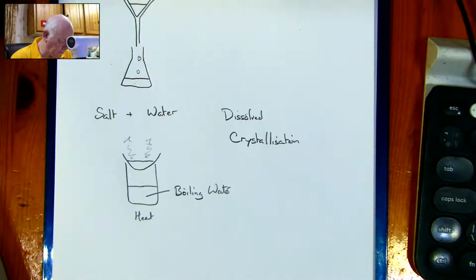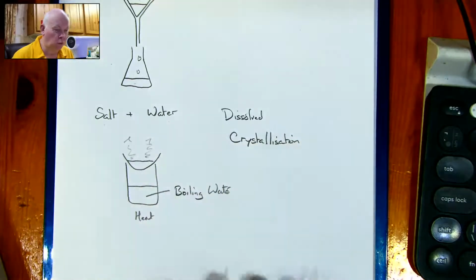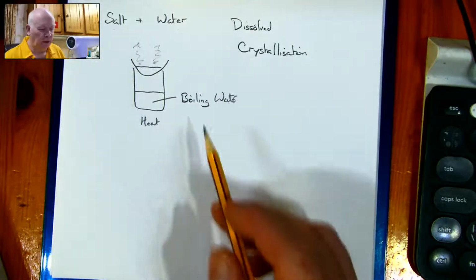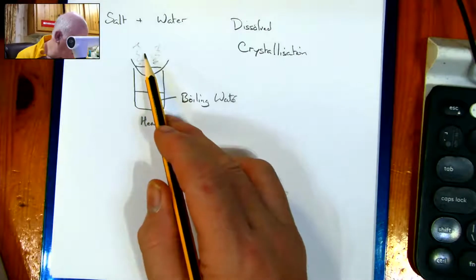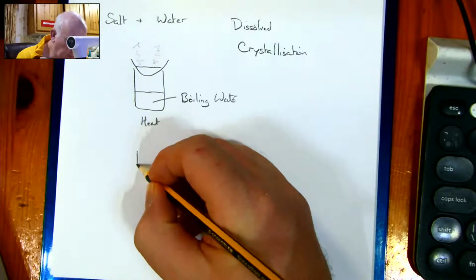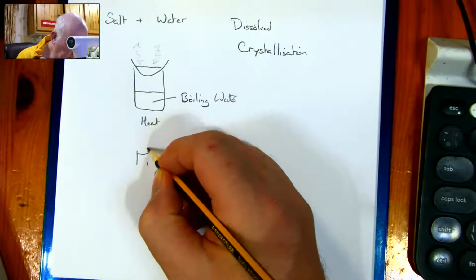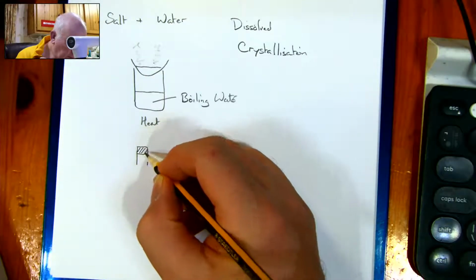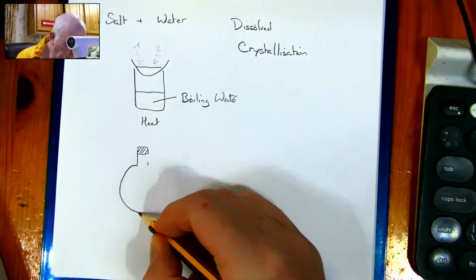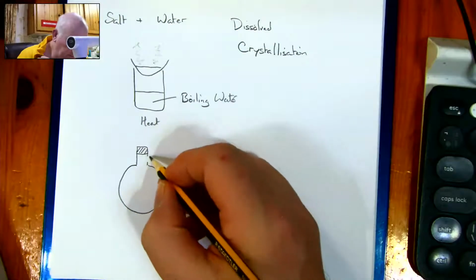What happens if we've got this process, but we want it to work the opposite way round? I'm not interested in the salt, but I want to collect the water. How are we going to go about doing that? Well, our apparatus has to be slightly different. What I'm going to take is a round bottom flask. There we are, nearly beautifully drawn.